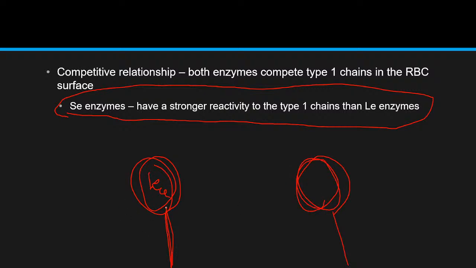Now, the interesting part is that if you read it in your notes or in the books, once a molecule is changed to LEA, it will lock itself and it will no longer react with the SE enzymes. But remember, because SE enzymes have a stronger reactivity to type 1 chains, they will be more likely to have a lot of H antigens.